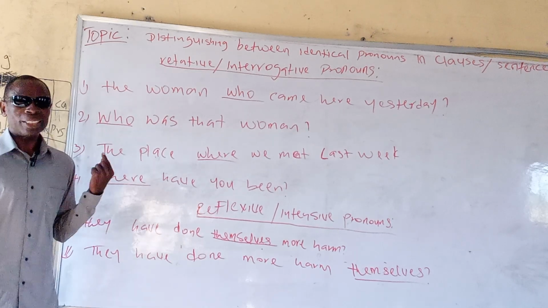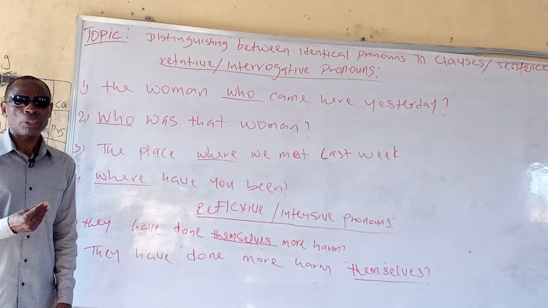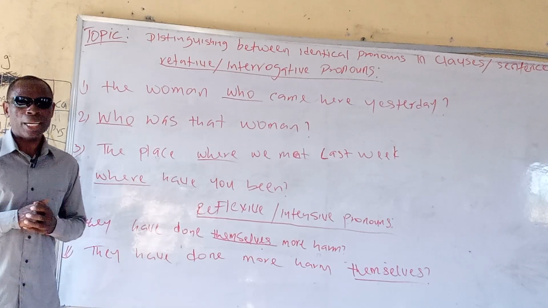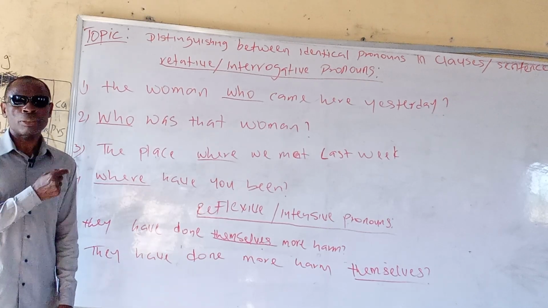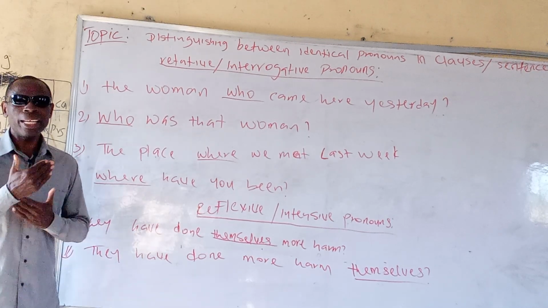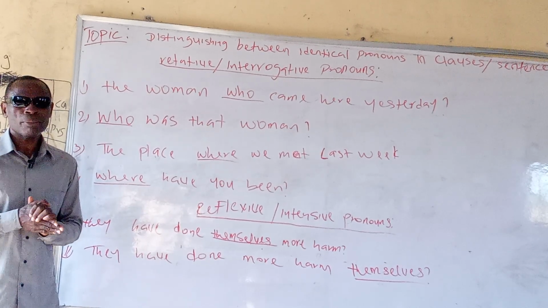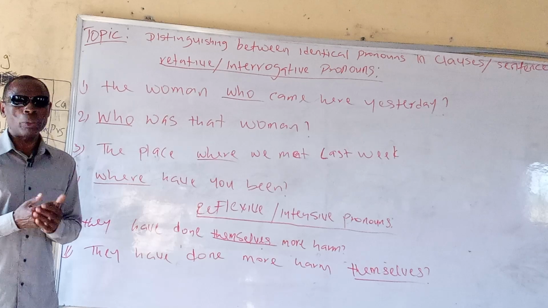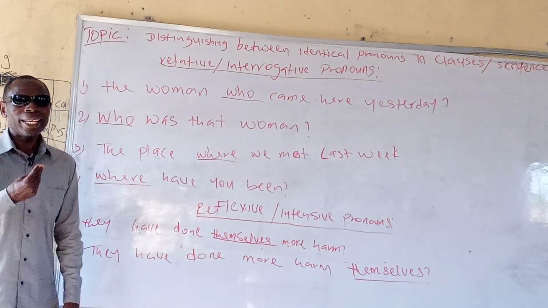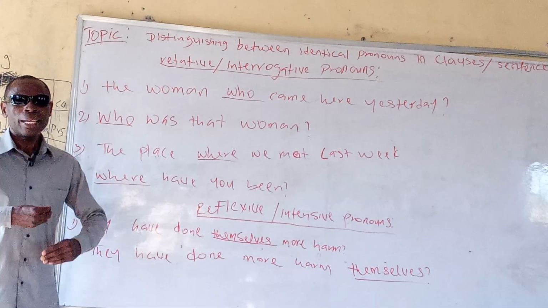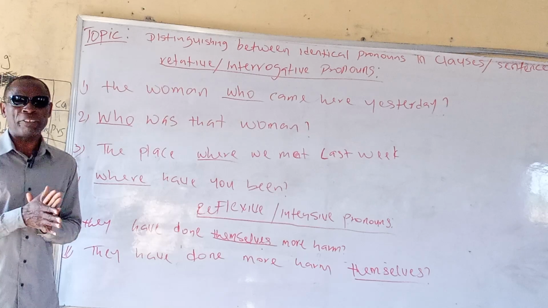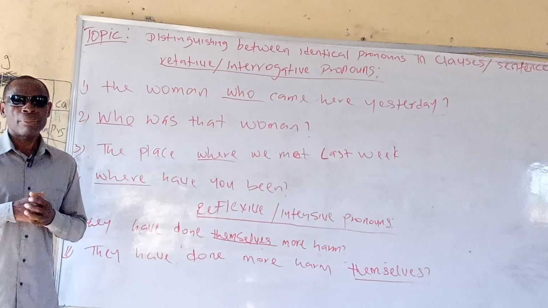Now to sentence 1. They have done themselves more harm. Is themselves in this sentence a reflexive or an intensive pronoun? The first question we want to ask here is, is themselves here emphasizing the subject or the verb have done?